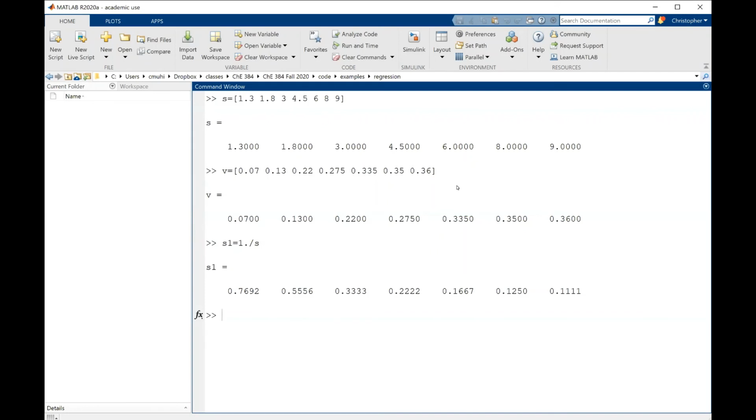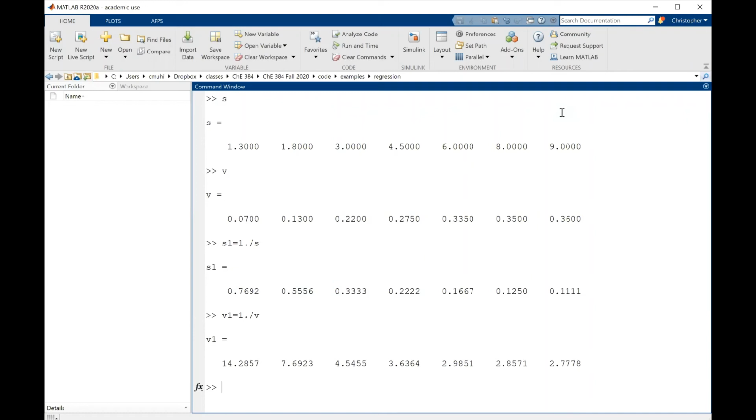I can do the same thing for V, so V1 is equal to the inverse of V, element by element. We can get all of this data. I can now go ahead and conduct the linear regression. We can use MATLAB's built-in polynomial regression to figure out the values of my polynomial.